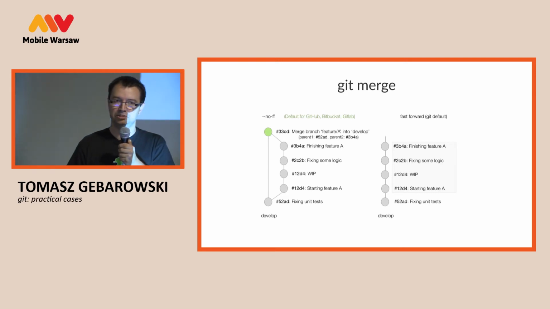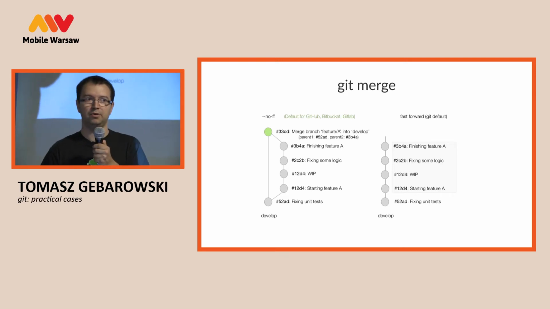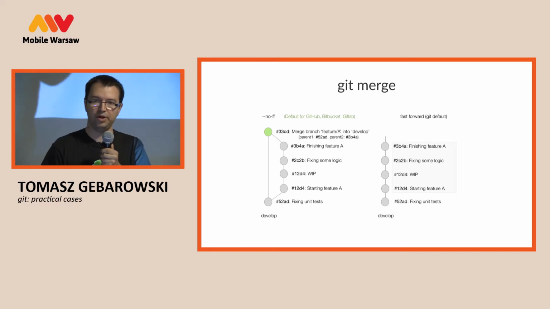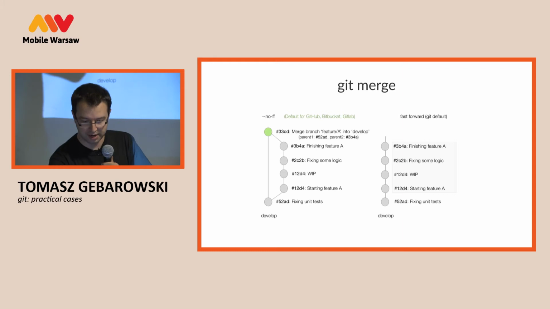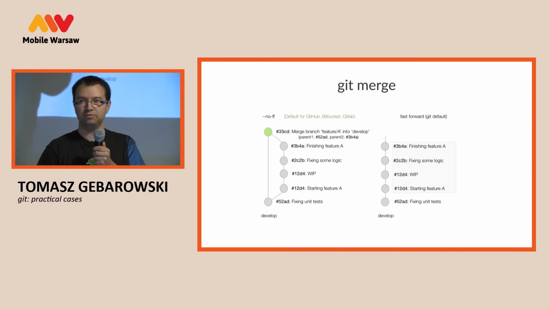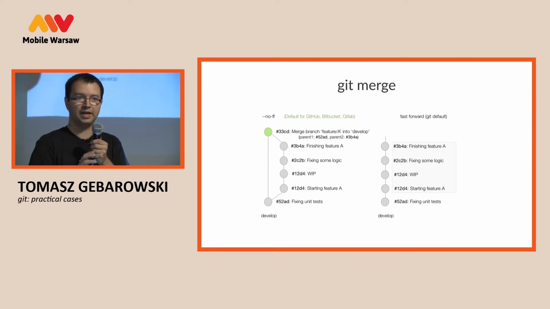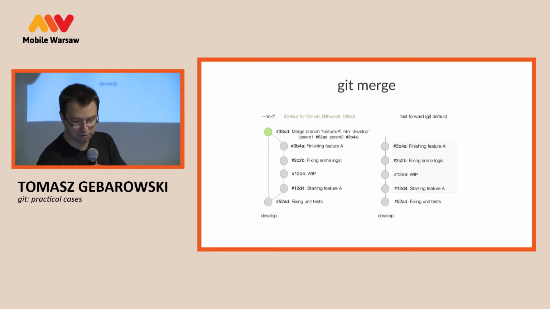Parent 1 is usually the branch from which we branched off, and parent 2 is the end of the branch we are merging. So we have a merge commit, and this merge commit resolves some conflicts, for example. It's simply the commit that connects two branches.